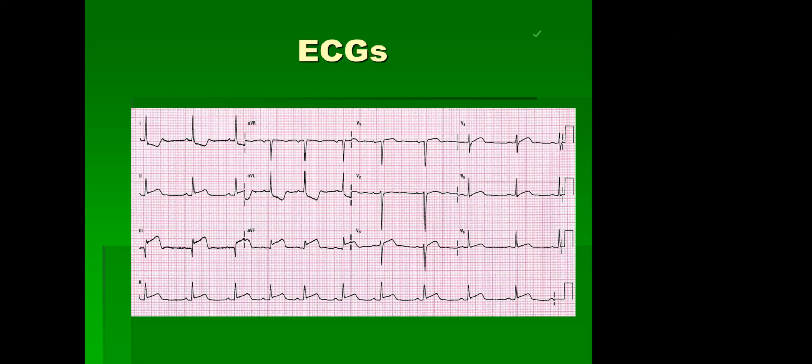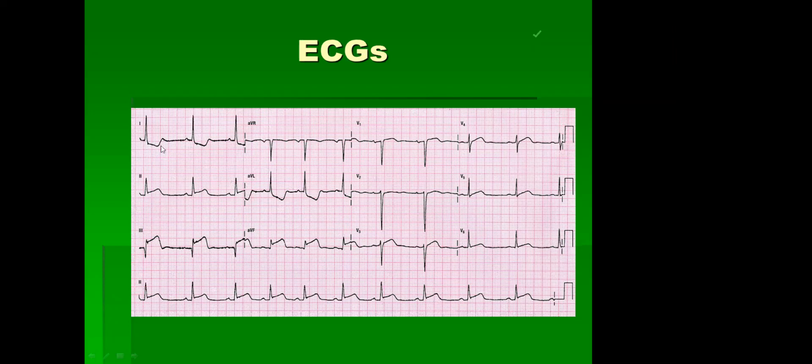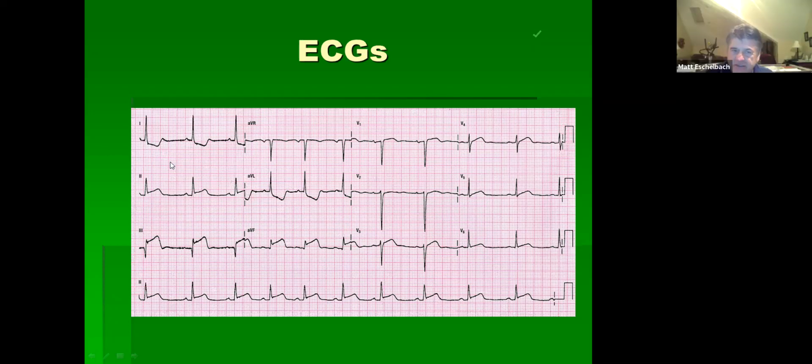And then V5, V6, no changes. So we've got a little bit of ST depression in 1 and AVL, right? You talked about 1, but you didn't talk about AVL. So 1 and AVL have ST depression with ST elevation in 2, 3, and AVF. So that's ST elevation with reciprocal changes.